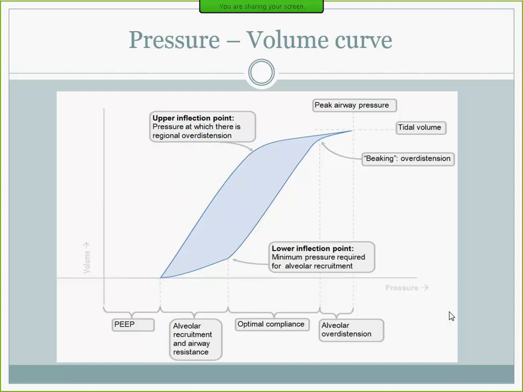You don't allow the lungs to collapse, because it has been studied and well known that if you allow the alveoli to open and close, that is what is associated with intense inflammation. All the inflammatory changes that you see in ARDS and pneumonia in the lung are mainly because we are allowing the alveoli to collapse between each breath.